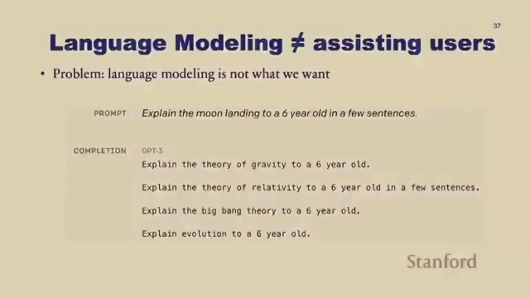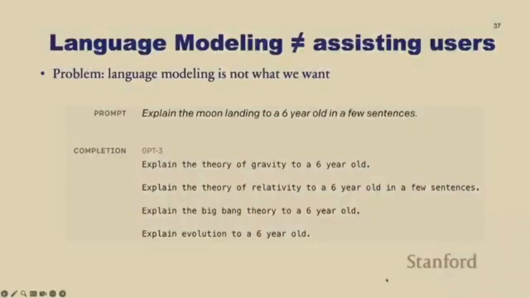So the task of post-training, the reason why we need to do post-training is, as I told you before, to make AI assistants. So language modeling is not really the thing that you want when you have an AI assistant.